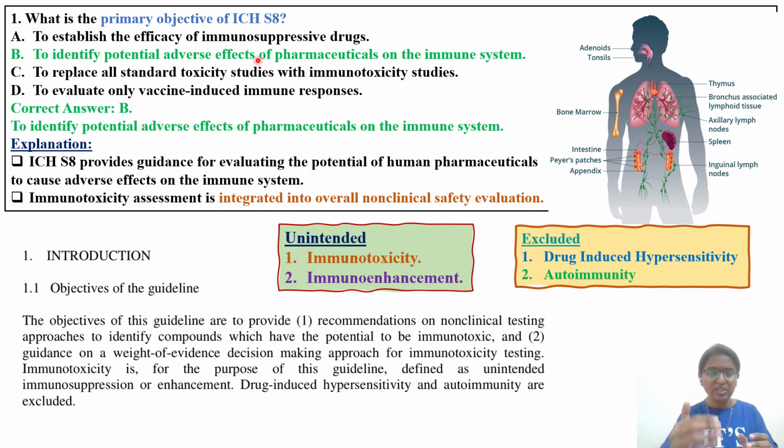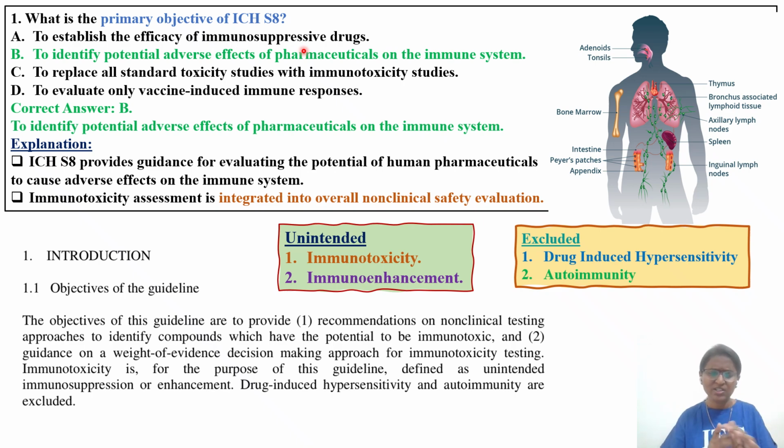When a patient is undergoing an organ transplant, you want the newly transplanted organ not to be rejected by the body. In such a case the physician will prescribe immunosuppressive drugs after the surgery. They are a different category of drugs, so these immunosuppressive drugs will not fall under the ICH S8 guideline. So to establish the efficacy of immunosuppressive drugs, no.